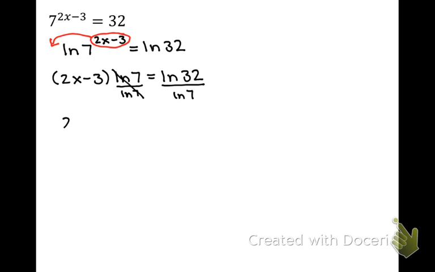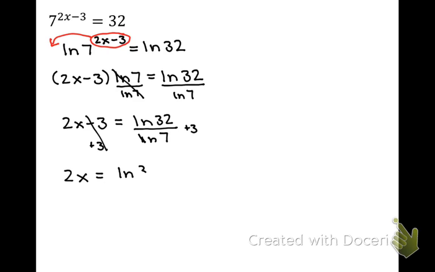This would give me 2x - 3 = ln 32 / ln 7. Let's add that 3 to the other side. And we're going to get that 2x = ln 32 / ln 7 + 3.